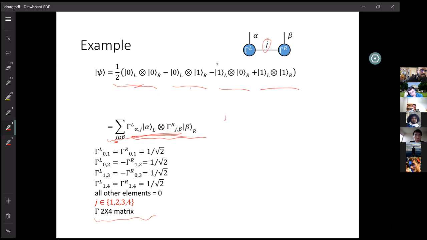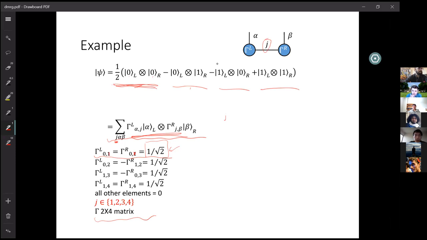This is when J equals 1. What I want is that when alpha and beta equal 0, the product should be 1/2. So I assign it symmetrically, 1 over square root 2, and all other tensor elements should be 0, because for the first term only the 0, 0 component is non-zero.